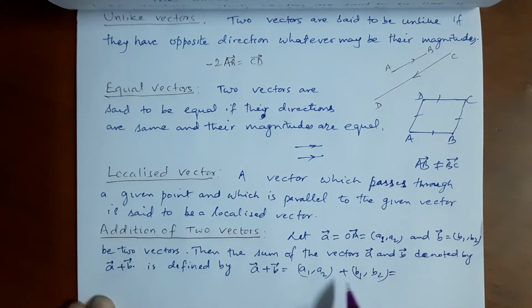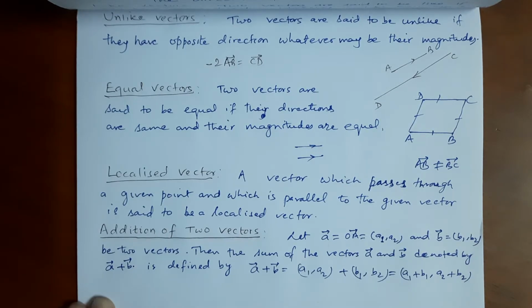The first component is added with the first component and the second component is added with the second component. In this way, we add two vectors: (A1 plus B1, A2 plus B2).